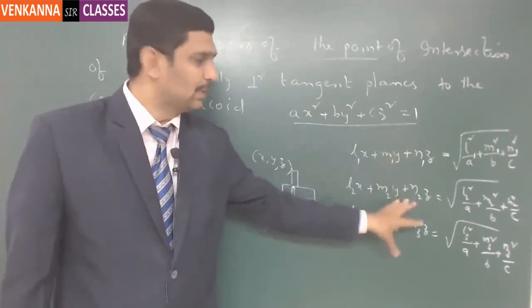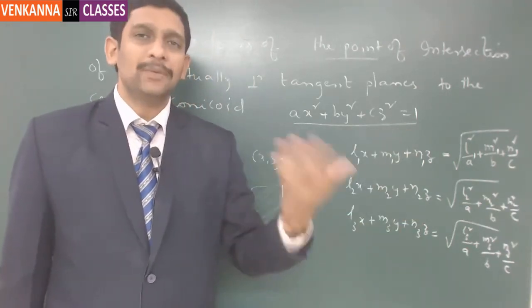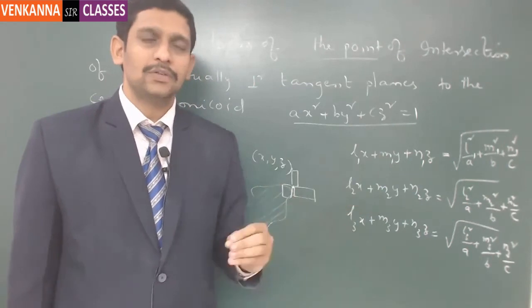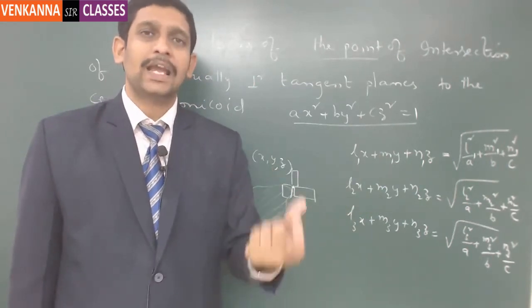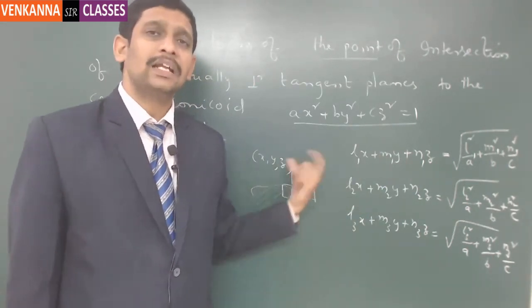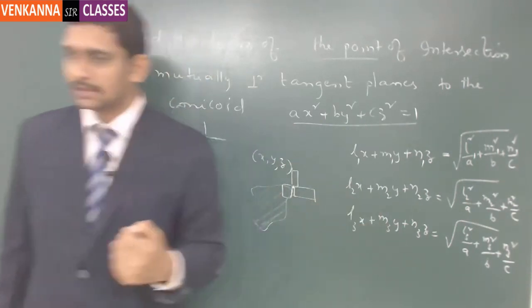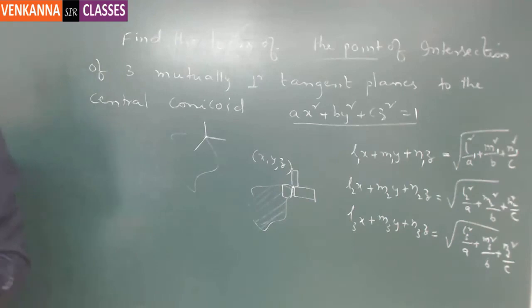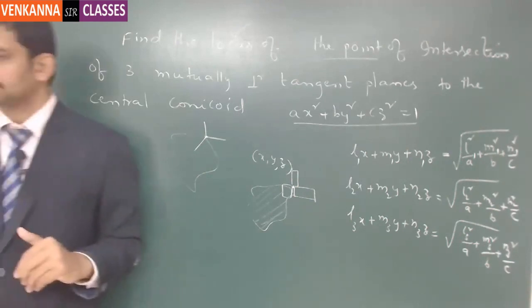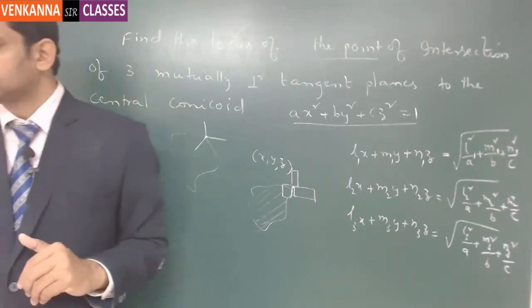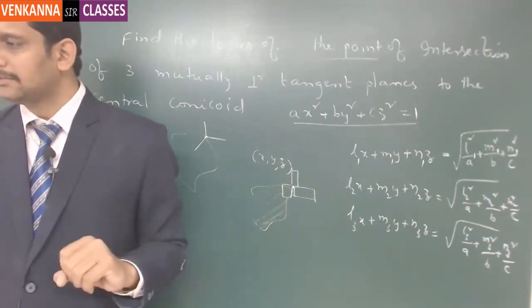So using the planes, I am eliminating the LMN values, which will result in a condition in terms of xyz, which is the desired locus. Clear? Yes or no? Are you getting the idea behind it? Fine.